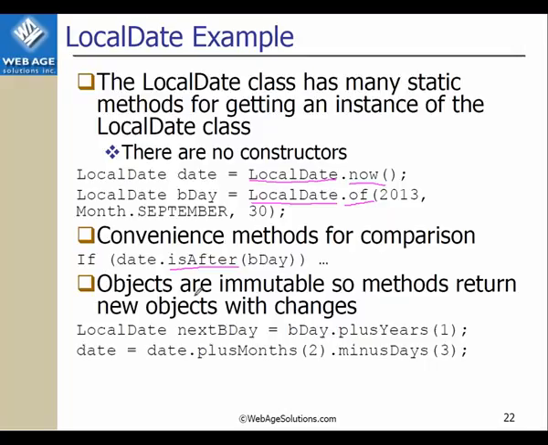All right. The objects themselves are immutable. What if I wanted to have a day that's been changed in some way? So notice next birthday, well, let me add a year. Let me add a year to the current date, and let me come up with the next local date. So it's going to be a new instance, a new object with 1 year in the future from the day that this bday variable refers to.